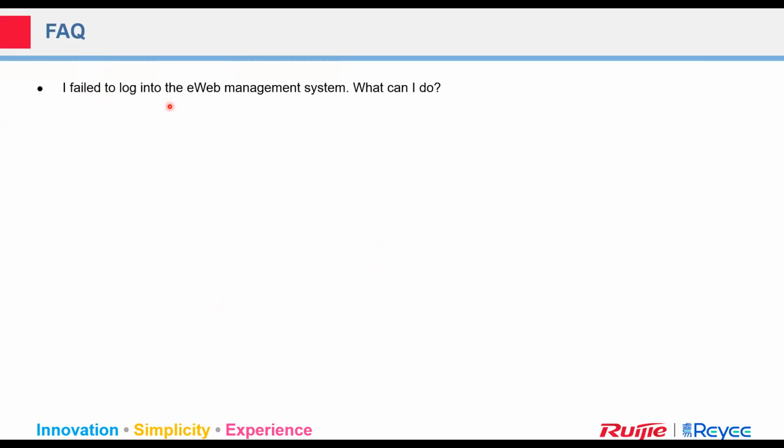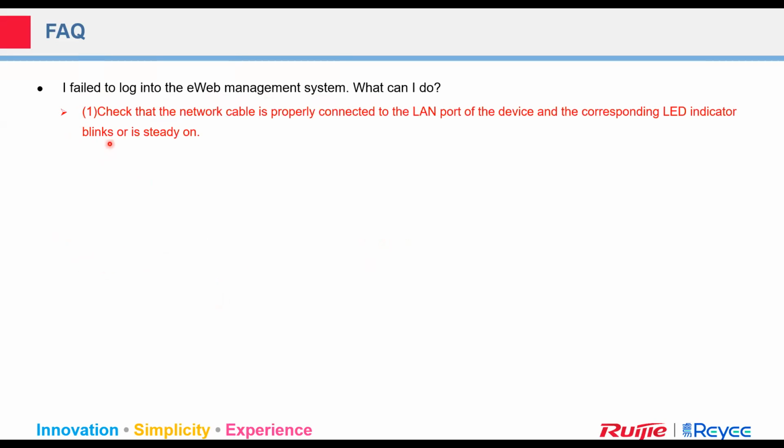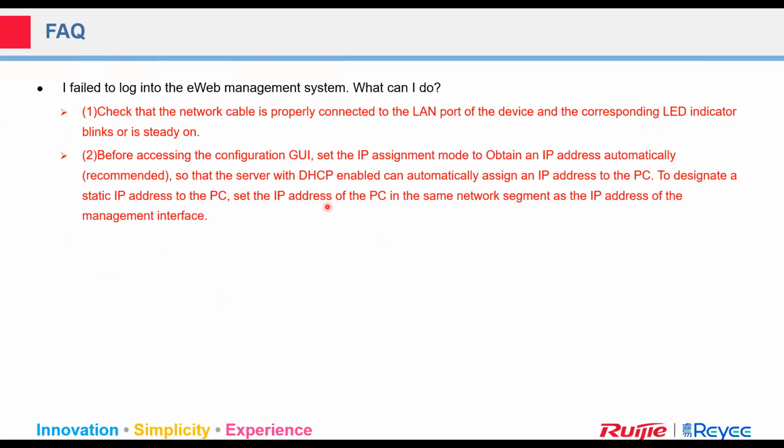So if you are unable to log in to the eWeb system, what should we do? Check that the network cable is connected properly and the LED is steady. Before accessing any GUI, please make sure that the IP is configured properly and the IP is assigned to the PC properly.